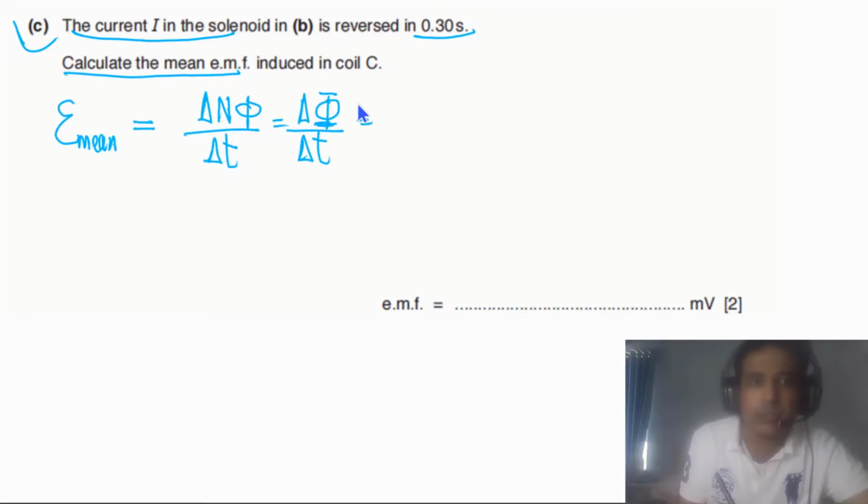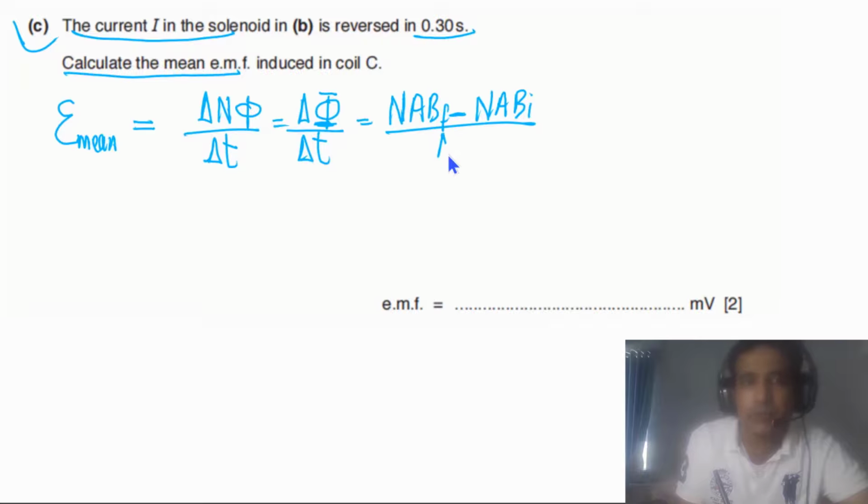And the change in magnetic flux linkage, we can also write down as NAB final minus NAB initial divided by delta T. T2 minus T1 you can write down, or simply you can say delta T. But in this case we need to understand direction of current is reversed.